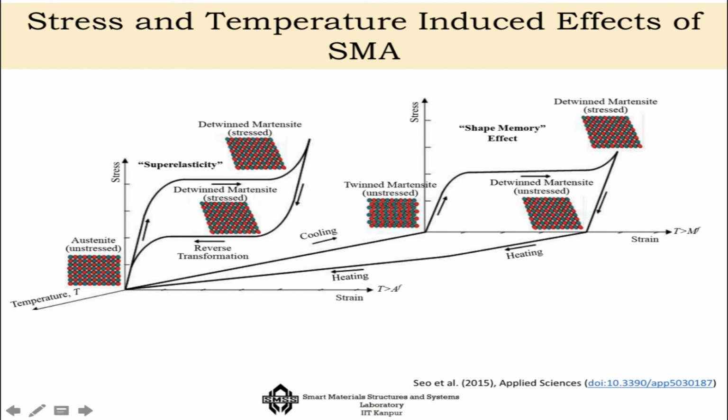Now if I apply the stress, and to begin with let us say it is in the austenite phase, it will deform until beyond a point it will behave almost like a plastic deformation, and then if I reduce the stress, this deformation will get reversed. So this can happen inside the austenite phase.